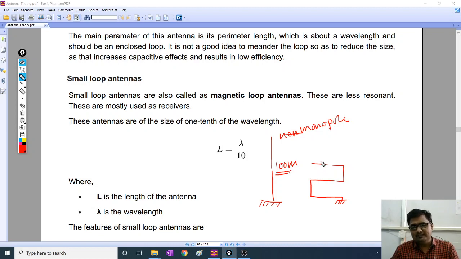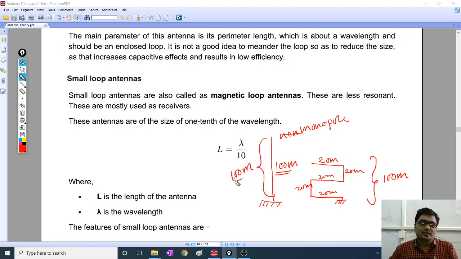What about this one? For example, if I say this is 20 meters, this is 20 meters, this is 20 meters, this is 20 meters, this is also 20 meters, so 1, 2, 3, 4, 5. What's the length? This antenna has a length of 100 meters, and this antenna also has a length of 100 meters. So both antennas have a length of 100 meters.